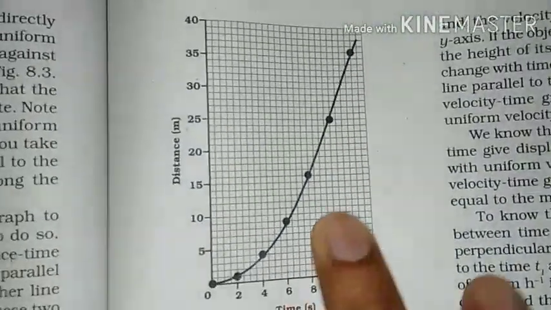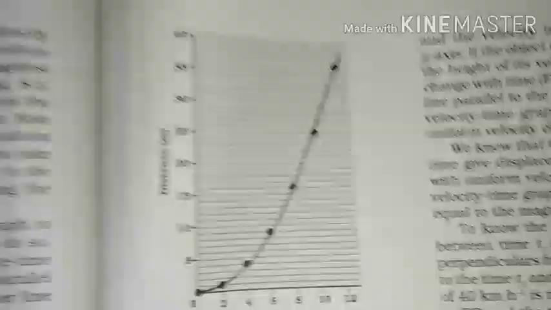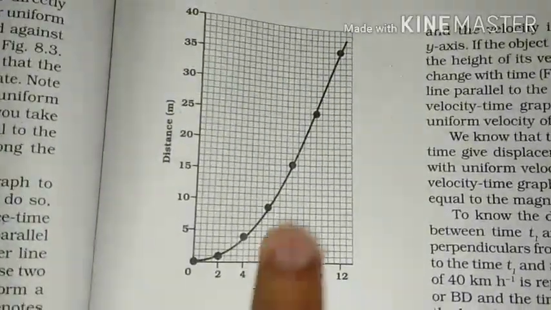See here, this is the distance time graph for non-uniform motion. Is it a straight line? No, it is curved.